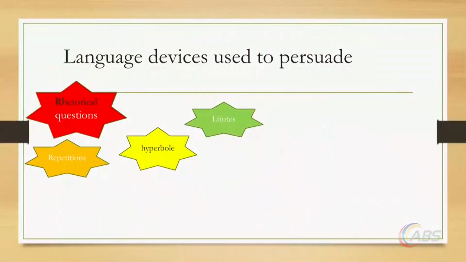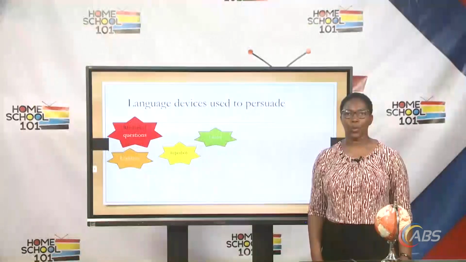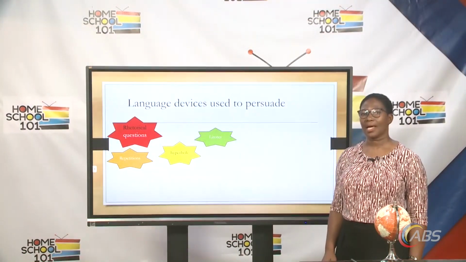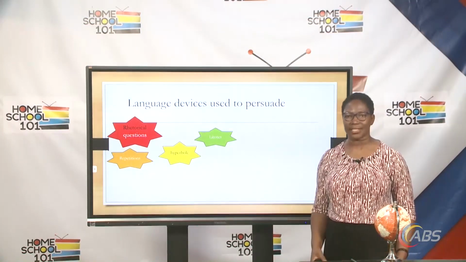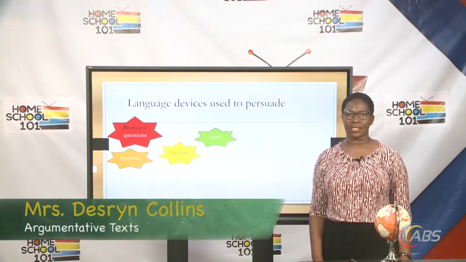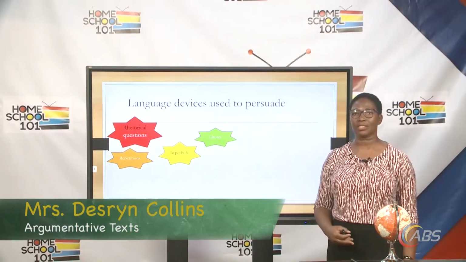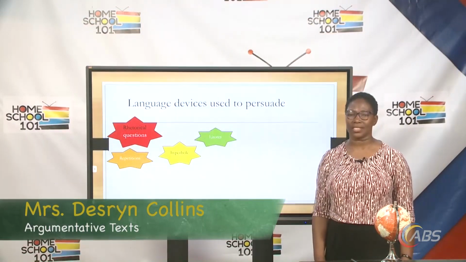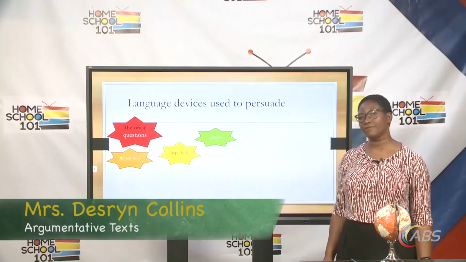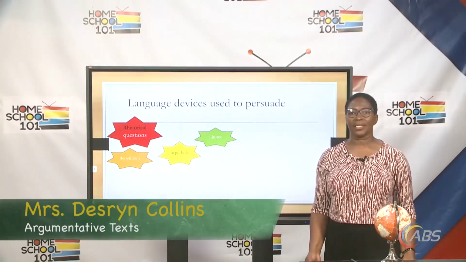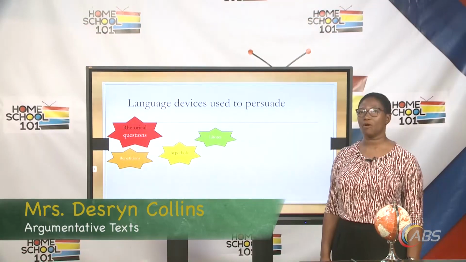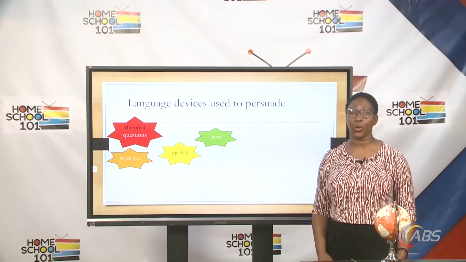Litotes. So litotes is quite the opposite of hyperbole. Whereas in a hyperbole, the writer or speaker exaggerates, in litotes, what is done is the person understates what the situation is. For instance, a contractor has the task of refurbishing a huge building.